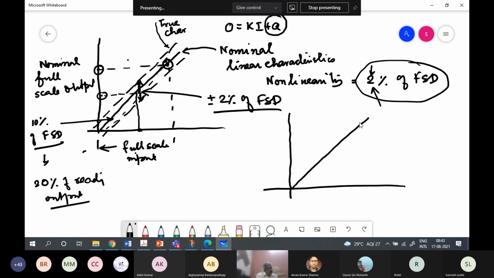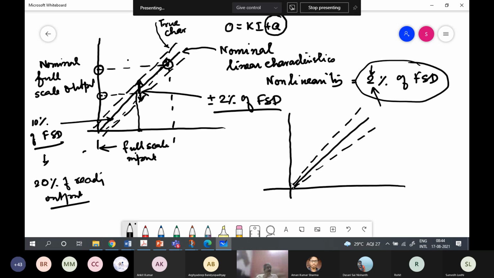Then if you say that your error is within 2% of reading, then you are specifying an error bound which is conical. Agreed? Now it is always 2%.